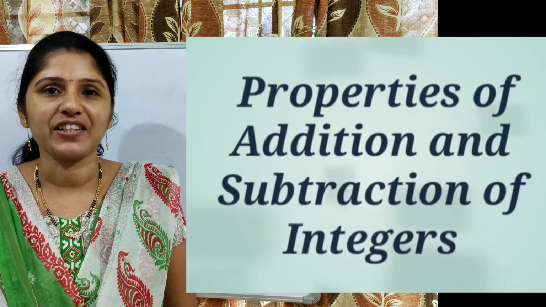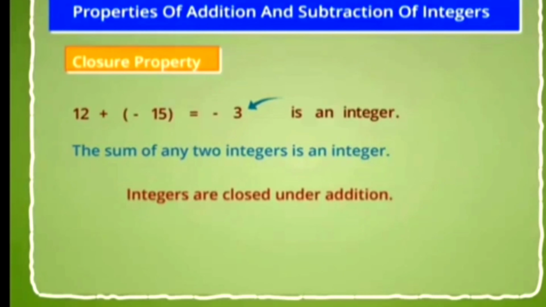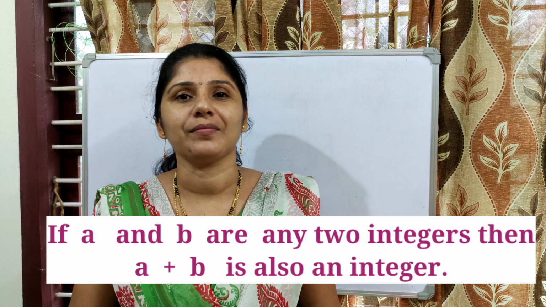Minus 3 is an integer. Thus, the sum of any two integers is an integer. We can say integers are closed under addition. If a and b are any two integers, then a plus b is also an integer.